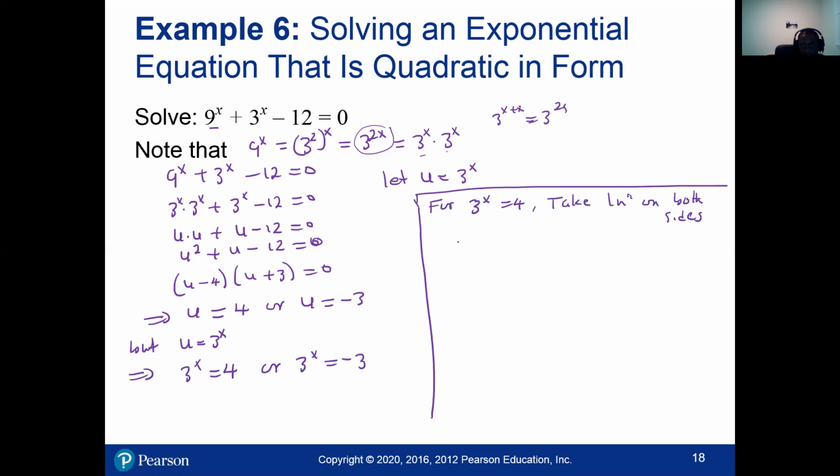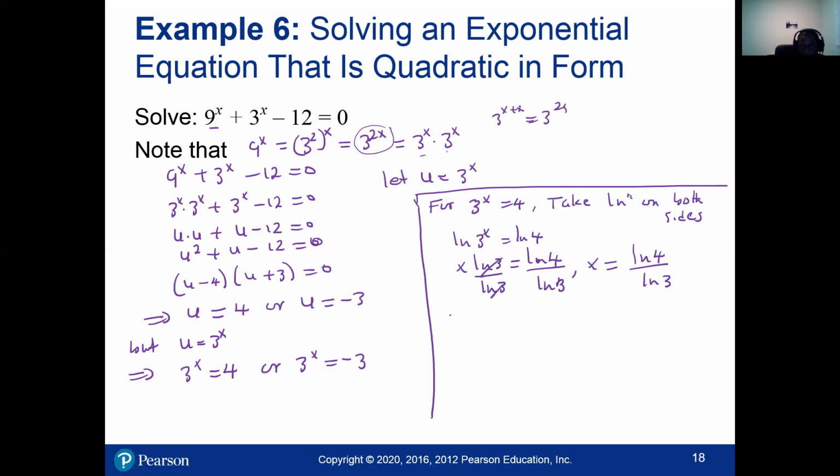That gives me natural log of 3 to the x is equal to natural log of 4, and that gives me x natural log of 3 is equal to natural log of 4, using the properties. So divide both sides by natural log of 3, and so you have x is equal to natural log of 4 divided by natural log of 3.